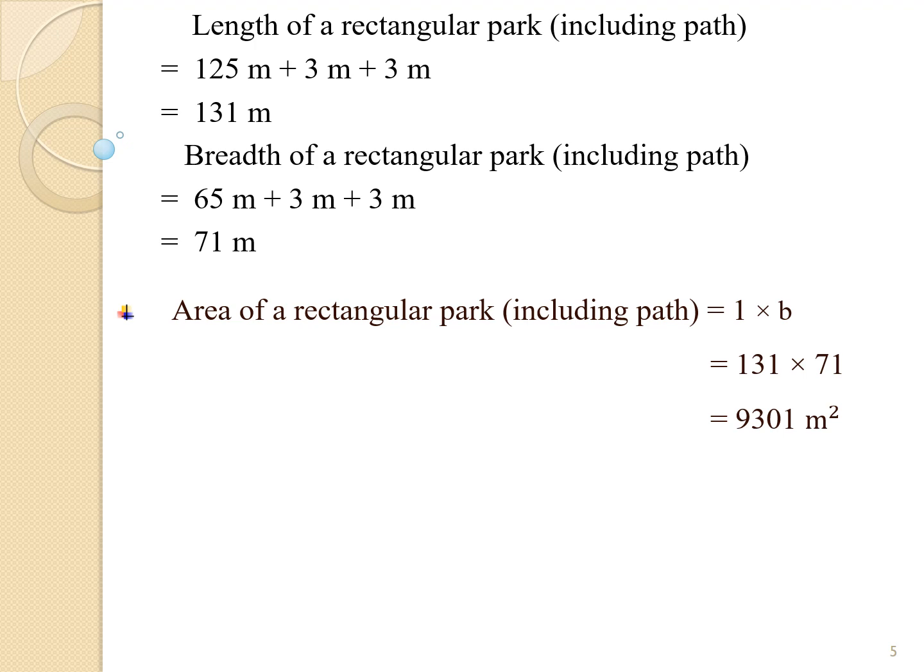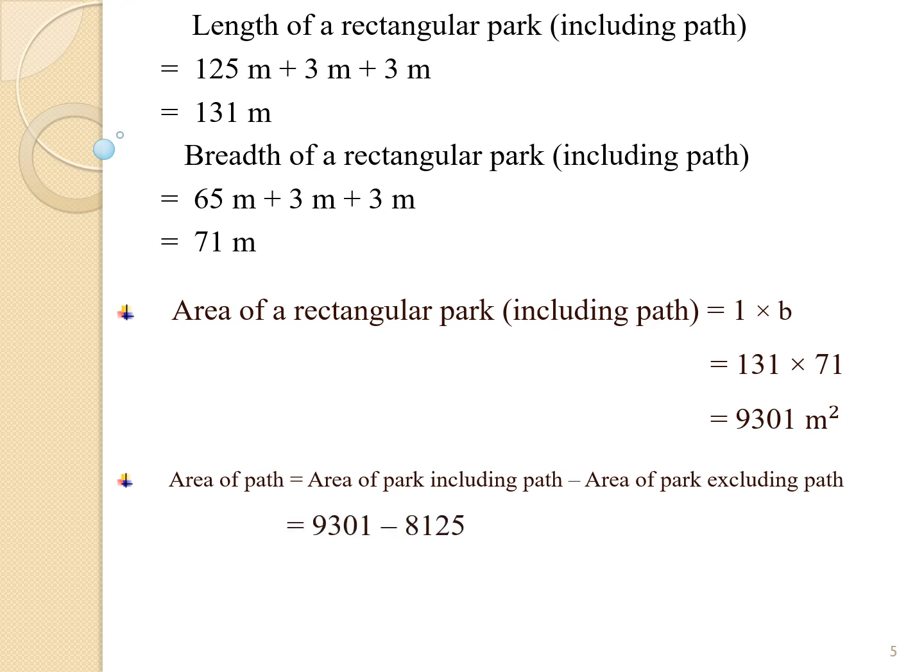Now, let us find the area of the path. We know that area of the path is equal to area of the park including the path minus area of the park excluding the path, which is equal to 9301 minus 8125.